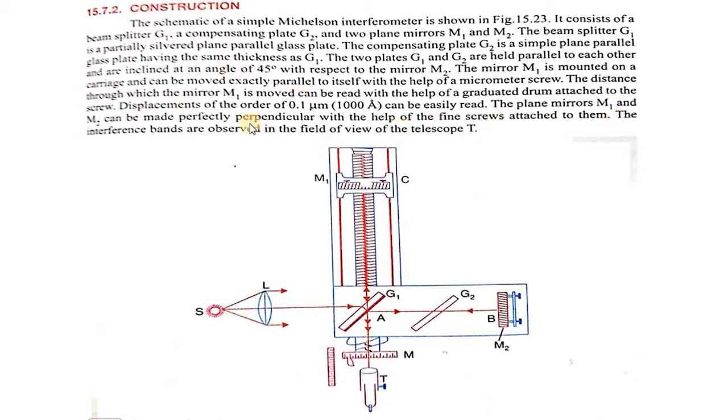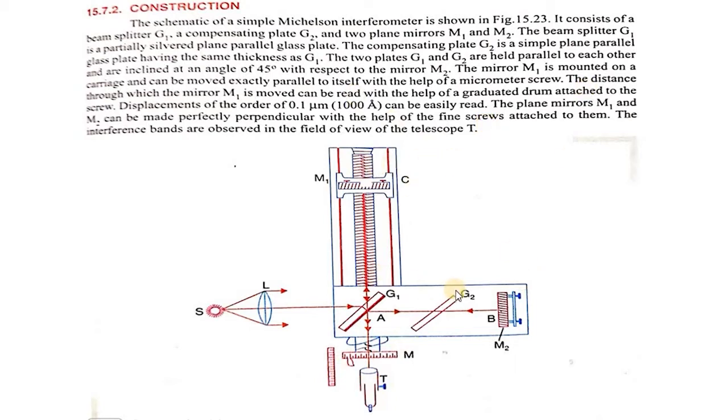The interference band is thus obtained. The reflected light reaches the telescope. Similarly, the transmitted light which is reflected from the mirror M2 also reaches the telescope. And you can see the interference pattern or interference bands in the field of view of the telescope. I hope it is clear.